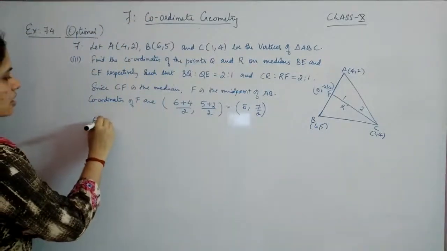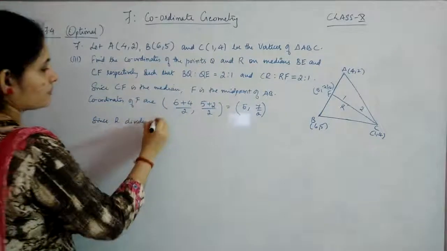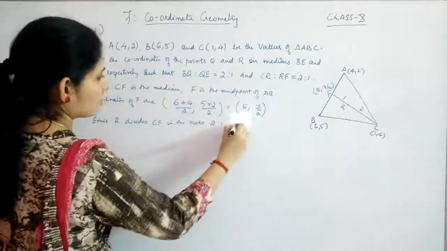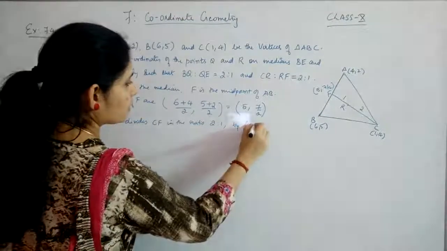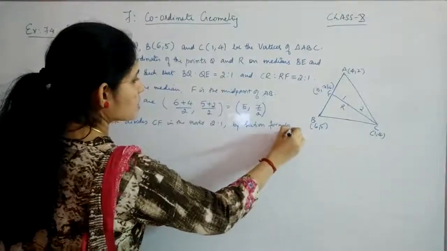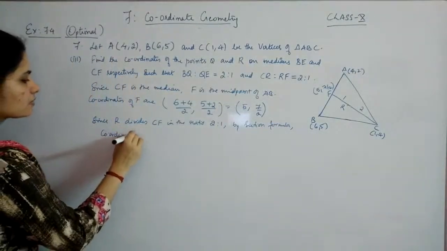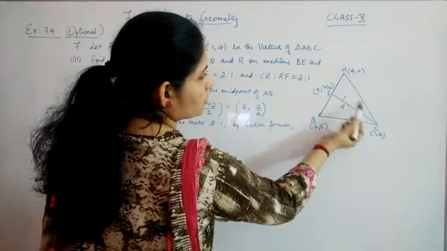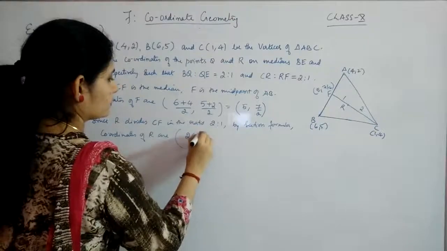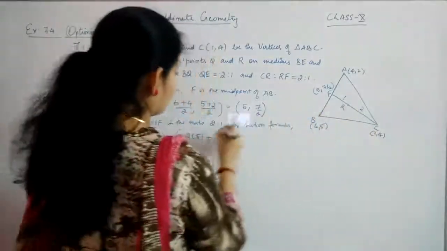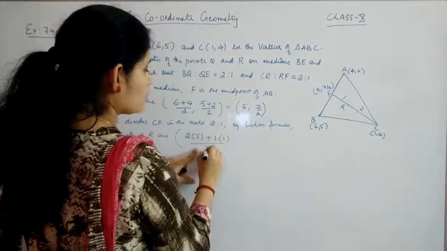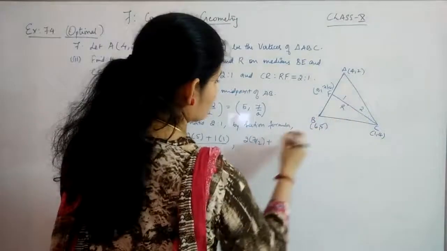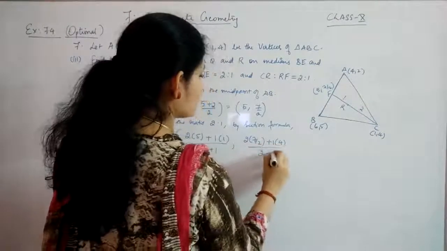So since R divides CF in the ratio 2:1, by section formula you are getting the coordinates of R. By section formula, coordinates of R are, how will you get? 2 into 5 plus 1 into 1 by 2 plus 1, comma 2 into 7 by 2 plus 1 into 4 divided by 2 plus 1.